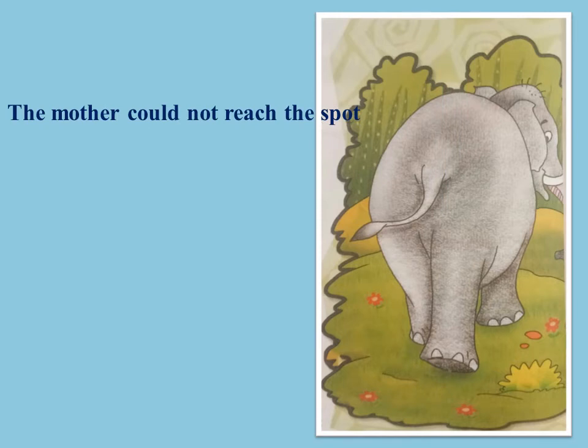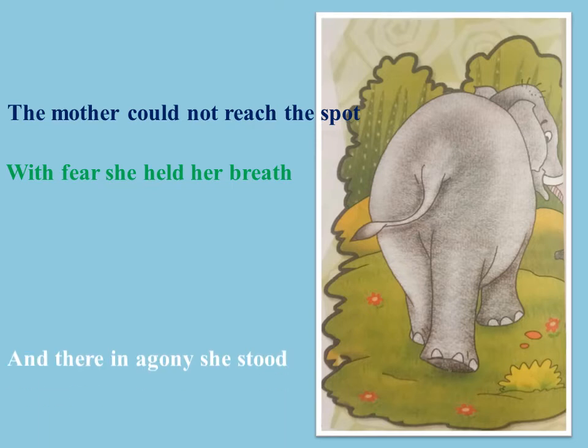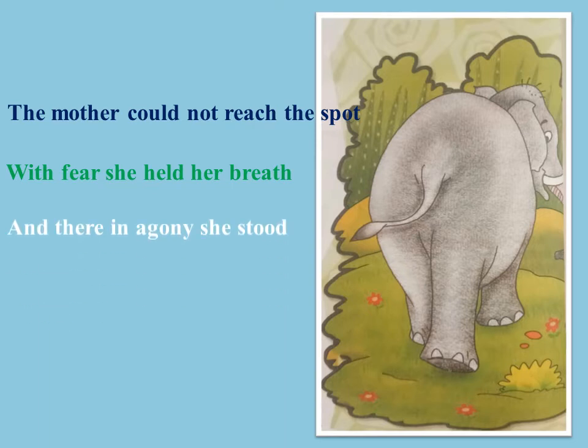The mother could not reach the spot. With fear she held her breath, and there in agony she stood to see him crushed to death. The mother thought that her son would be crushed to death under the feet of the elephant, because she knew the size of the elephant and that it is so powerful. Because of the fear, she could not reach her son.